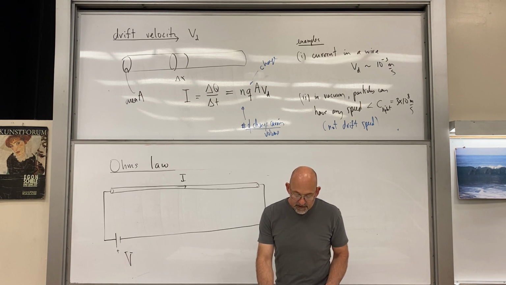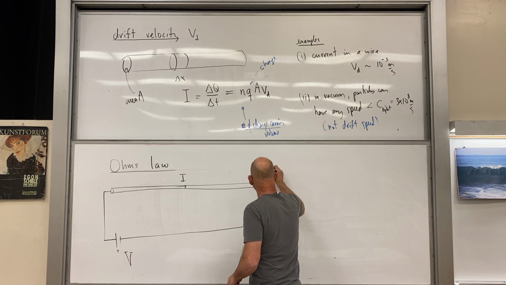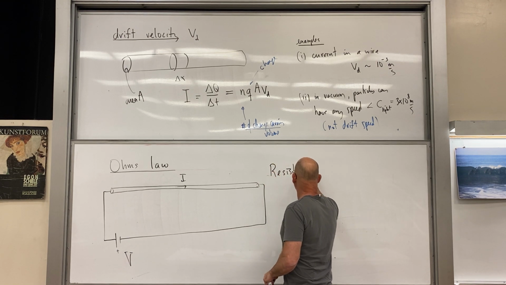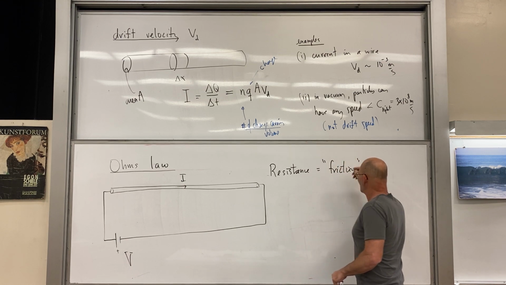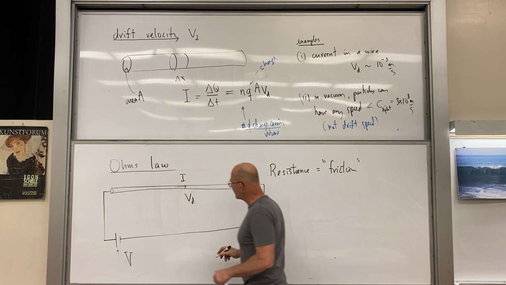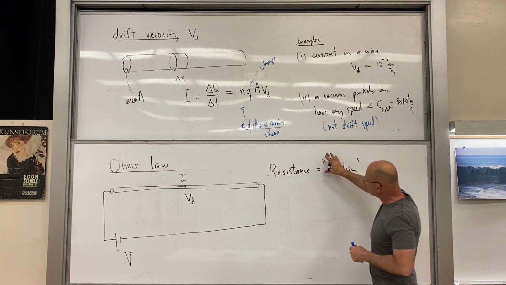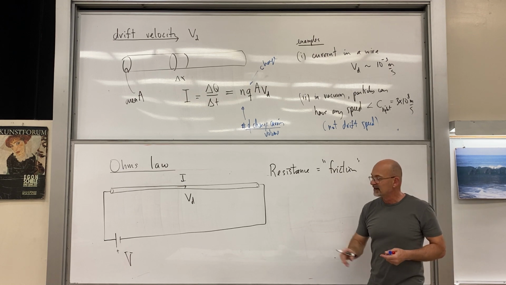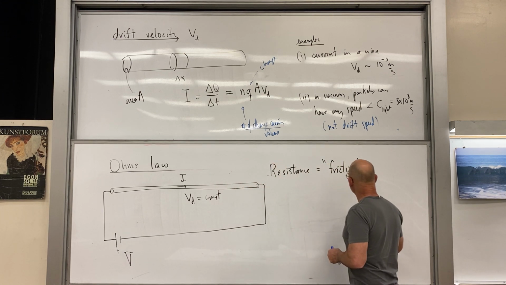It's a kind of friction. And if we have a constant V drift here, and yet there's an electric field across there, there must be this kind of resistance. Otherwise, there would be acceleration instead of a constant speed. Okay. So that's our explanation.